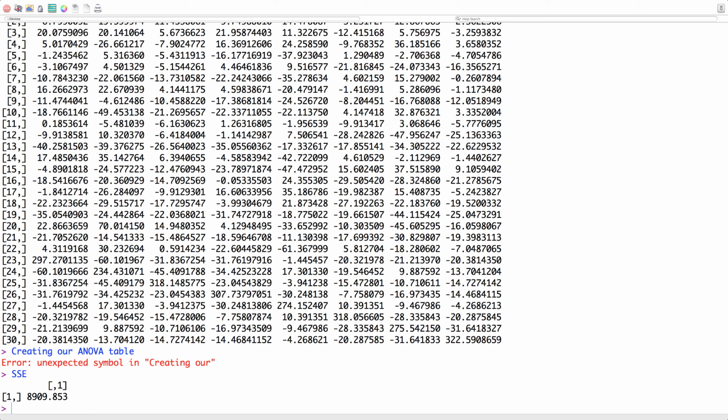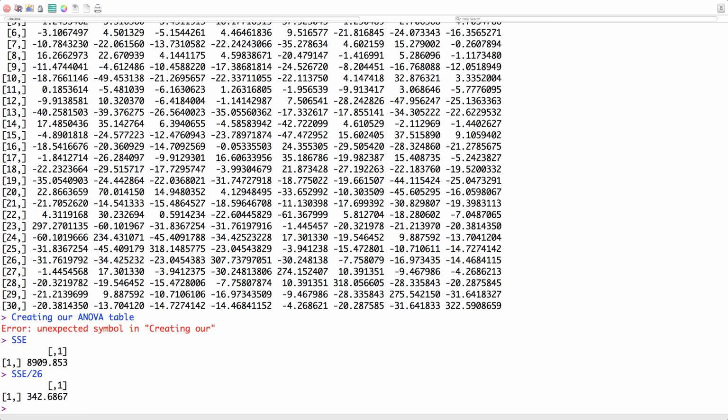So I'm going to make a note of that on the blackboard under sum of squares for the residual. Now, we already know that the degrees of freedom for this were n minus p, or n minus k minus 1. And we know that that is 26. And when we take the sum of squares divided by 26, we get 342.7.